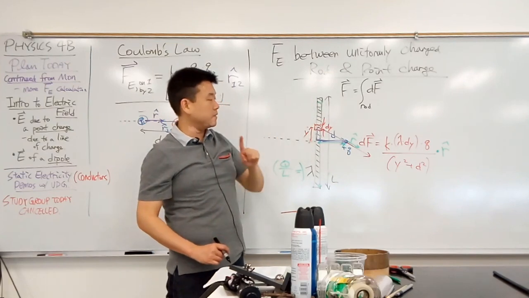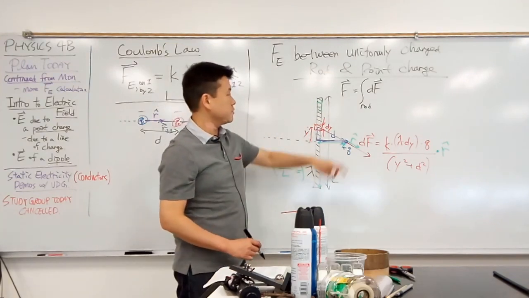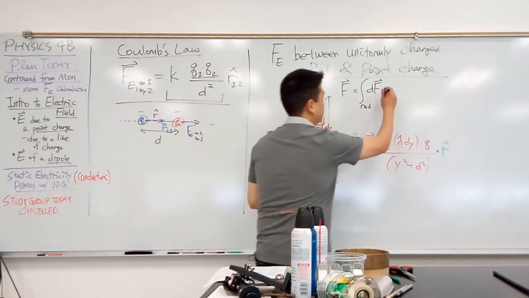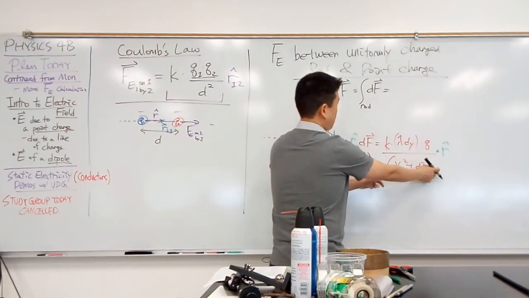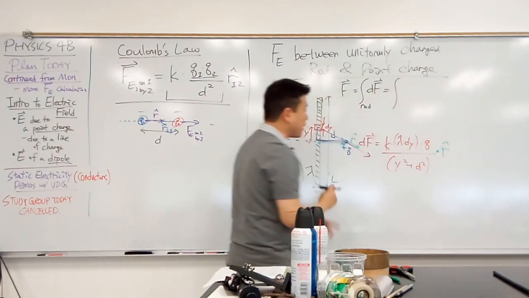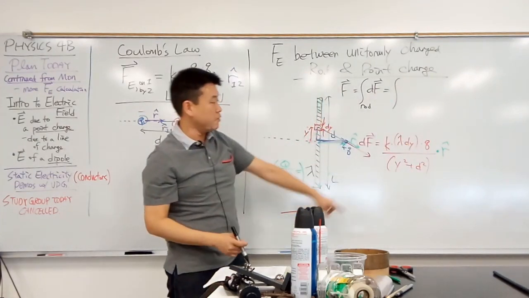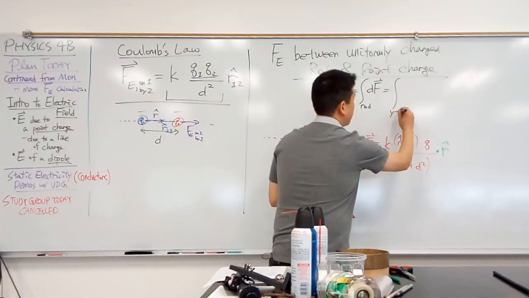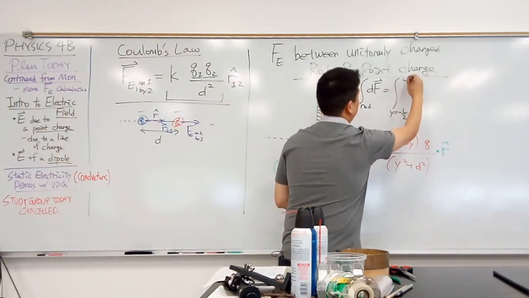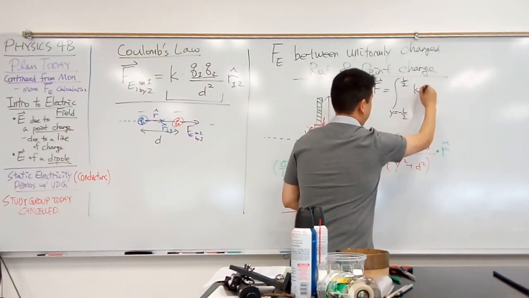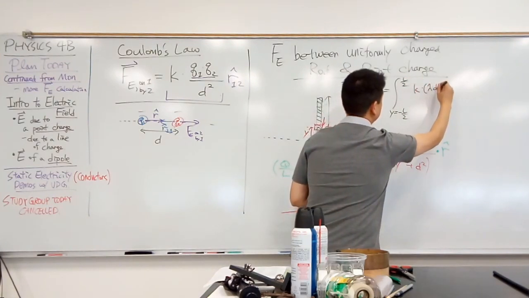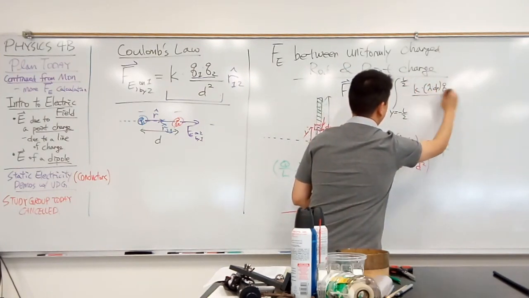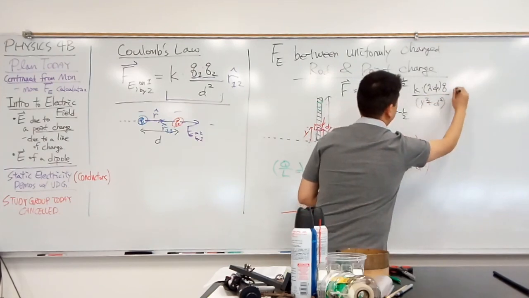Now, if you are doing the calculation this way, you say this is equal to all of this integrated. So if you are integrating along the rod, then you are varying the parameter y. You would say y goes from minus L over 2 to L over 2, k lambda times dy, q over y squared plus d squared, r hat.